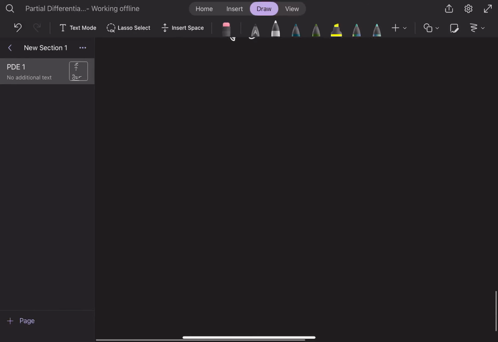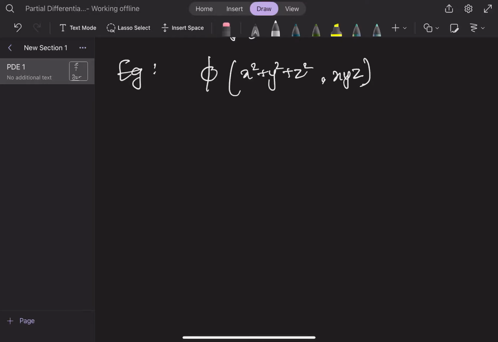So let's just do an example so you understand this better. You are given a question: phi of x square plus y square plus z square comma xyz. So here this is your u and this is your v. Let's write this down. U is x square plus y square plus z square and v is xyz. So let's find ux.